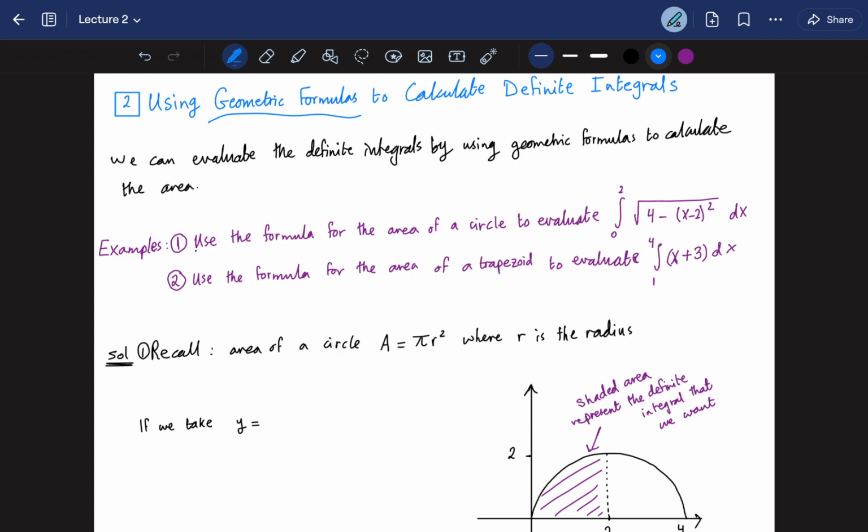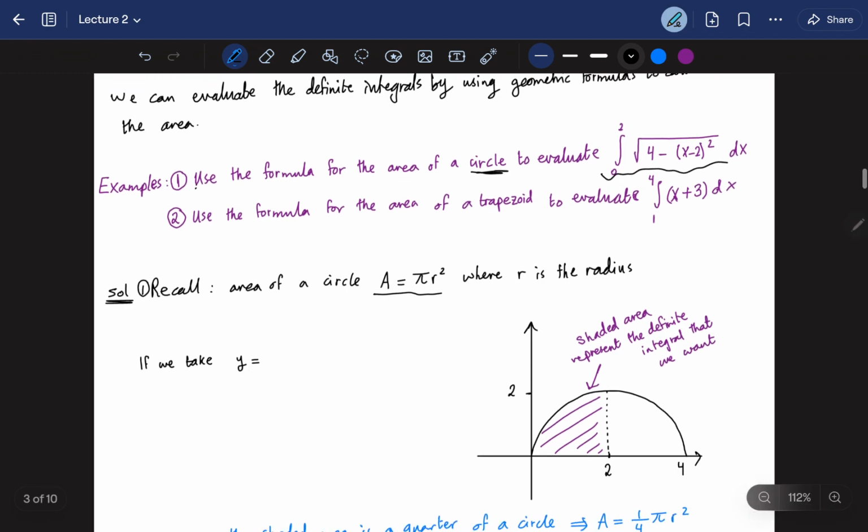So let's do number 1. Here we want to use the formula for the area of a circle to evaluate this integral. So let's start by recalling the area of a circle. I'm sure you know that the area of a circle is just pi r squared, where r is your radius. Now if we take y to be everything that's inside of your integral, which is your integrand, it's going to be equal to this.